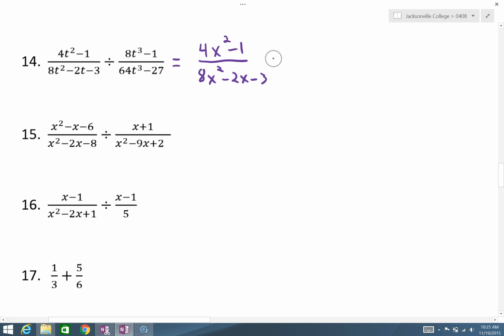Changing my divide to a multiply, inverting my second fraction. 8x cubed minus 1. I did it again. Flipping over my second fraction, 64x cubed minus 27. And then this goes in my denominator, 8x cubed minus 1.